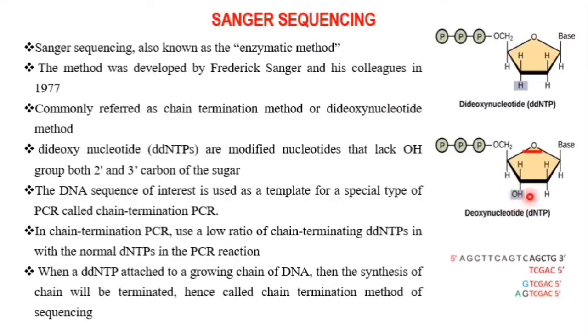A dideoxynucleotide is a modified nucleotide that lacks the hydroxyl group on both the second carbon and the third carbon. You see here, there's a second position and there's a third position.